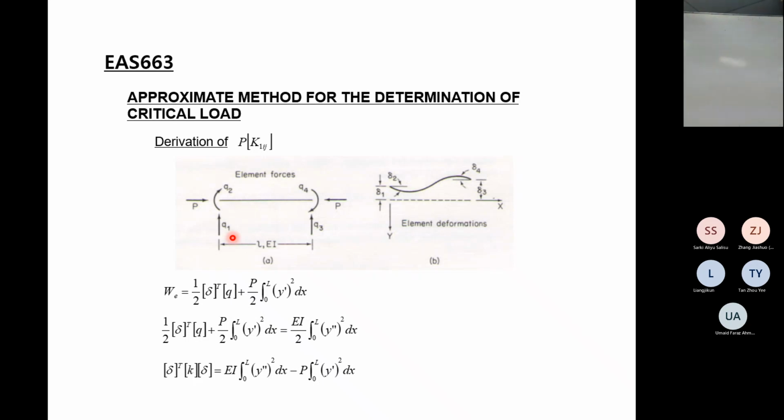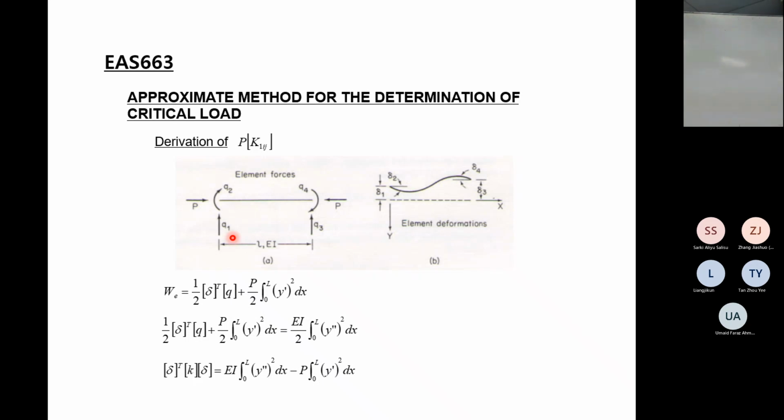Now, in order to derive this matrix, we make use of energy. First, we look at the external work done by the element end forces and also by this axial force. Here we have assumed a small displacement problem with linear elastic behavior.